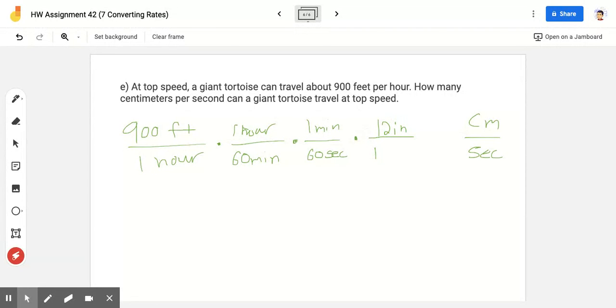All right. And I know that in 2.54 centimeters is 1 inch. All right, and then I will multiply all these together.